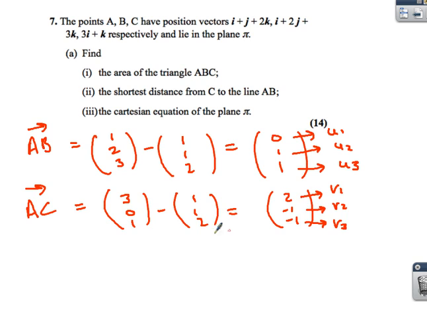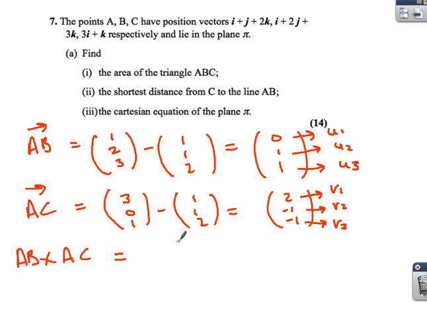The next thing that we need to do is find the cross product of these. So AB times AC, where the times means the cross product. For that we need to use the formula for the cross product, which hopefully you're already familiar with. You can always look that up in a textbook, but basically it's a combination of the U1s and the V1s and the U2s and the V2s.